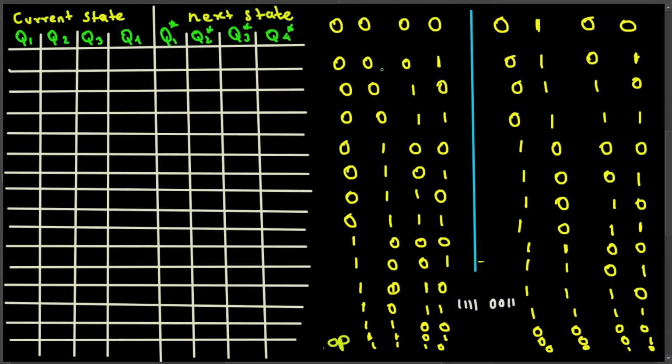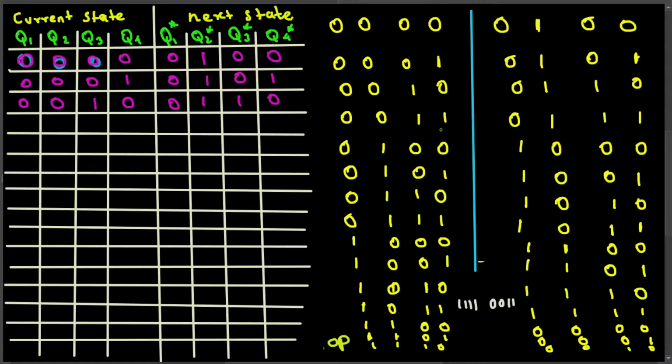The first one is 0 0 0 0, 0 0 0 0. Let's use a different, better color. Then this one is 0 1 0 0 and 0 0 0 1. And here 0 0 0 1, 0 0 1 0, 0 0 1 0, 0 0 1 1, 0 1 0 0, 0 0 1 1.